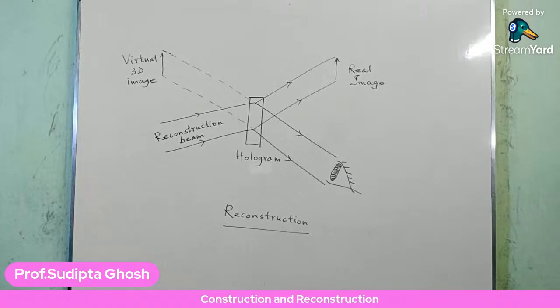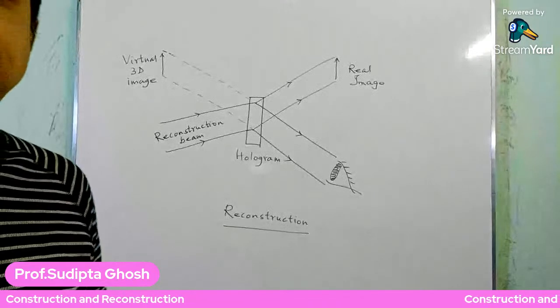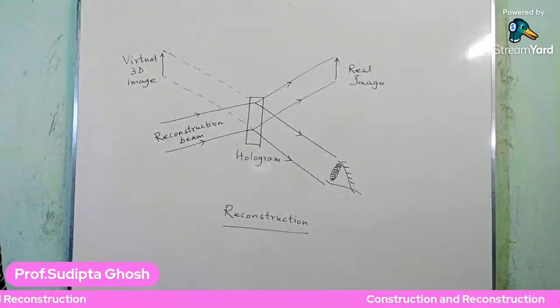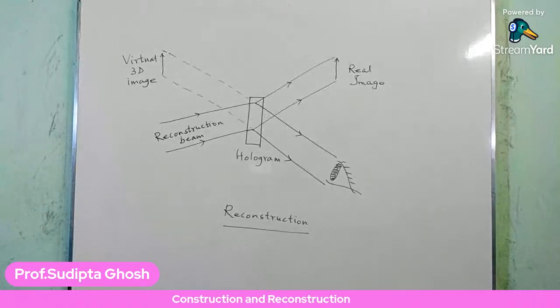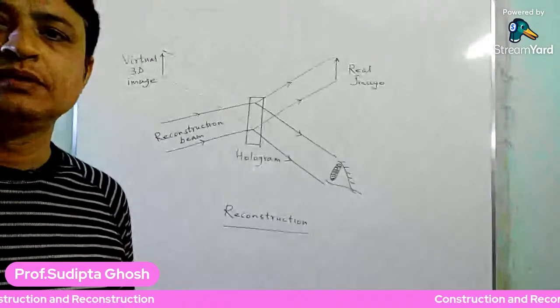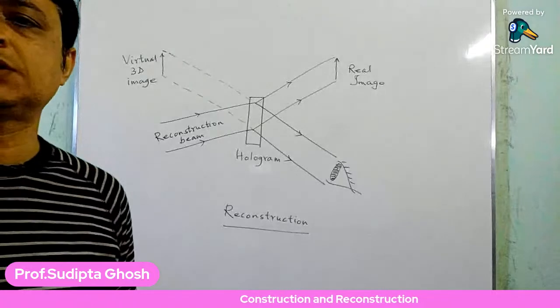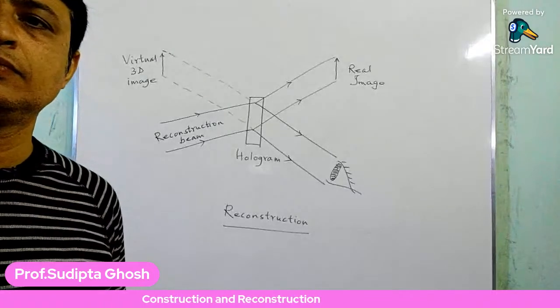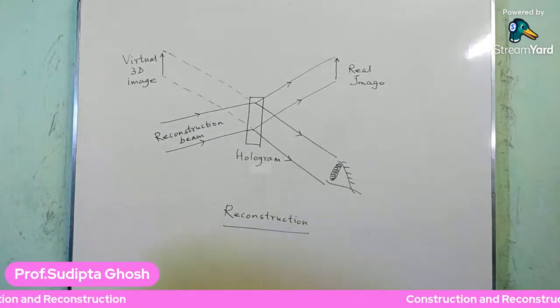Now I will proceed towards the mathematical analysis of holography, or the hologram. Have you any query? Have you any question about the recording or the reconstruction of a hologram? If it is okay, then I will proceed further.